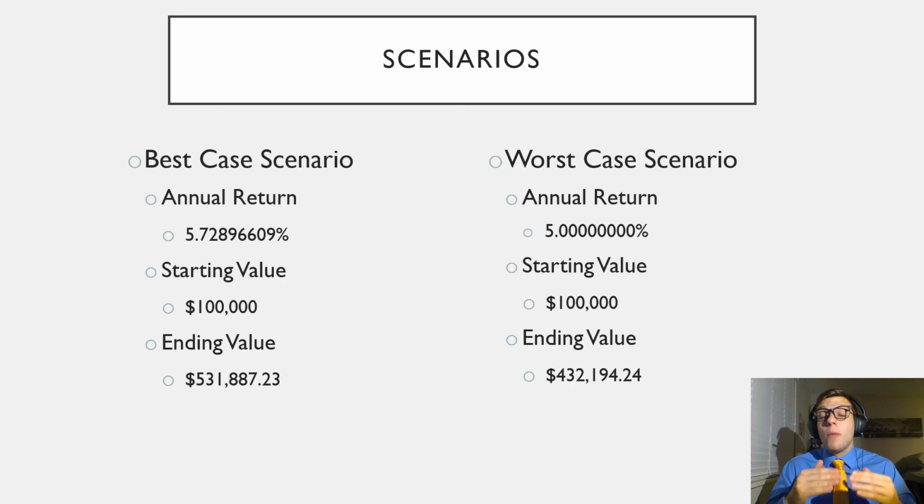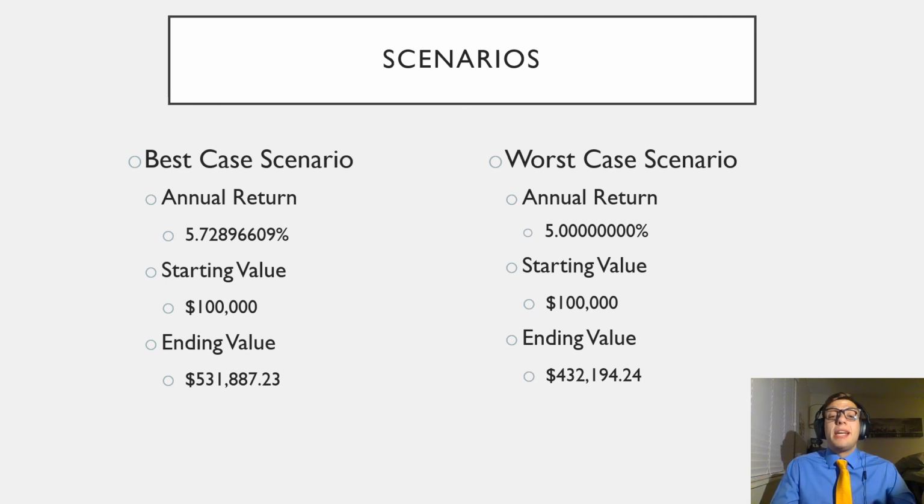Because with our bond and fund risk being so low, we can basically assume that we will hit that return. And so even if our stocks absolutely tank out, we can still hit that 5% return. And with that 5% return, starting at $100,000, our ending value will still be over our target goal, sitting at over $432,000.